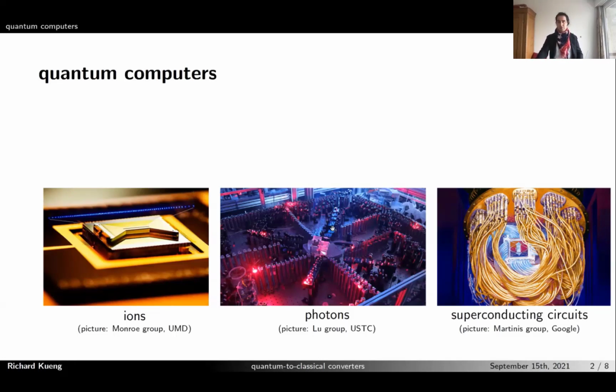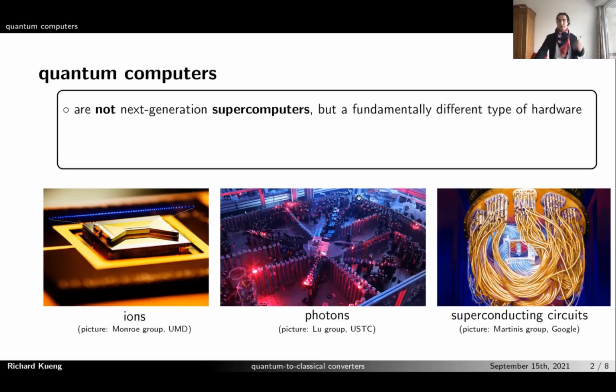That could be photons, the smallest quantum of light flying through an optical waveguide, or it could be minute superconducting circuits on a quantum chip that is stored in a dilution refrigerator. The important takeaway message is that this is not the natural next step of chip miniaturization, but an attempt to build a fundamentally different type of hardware.